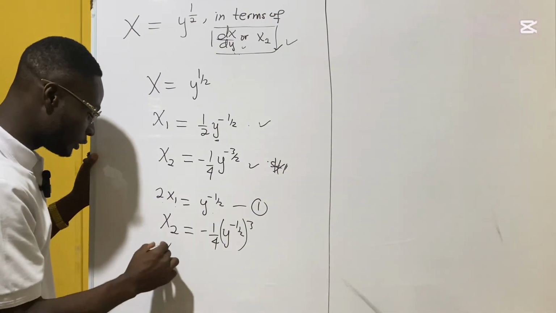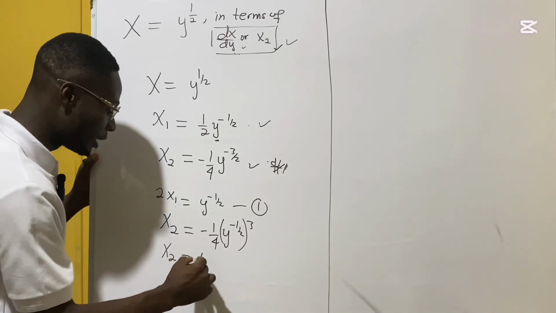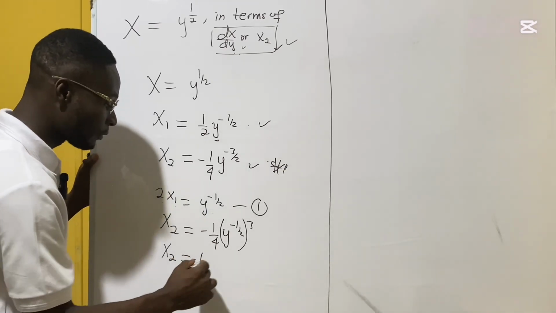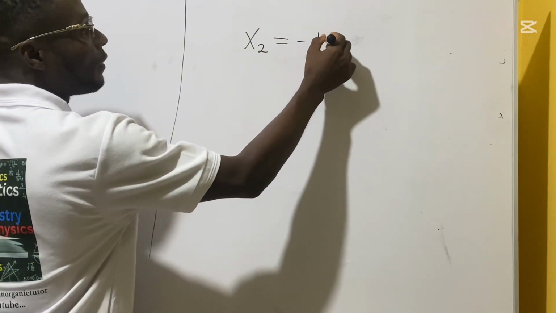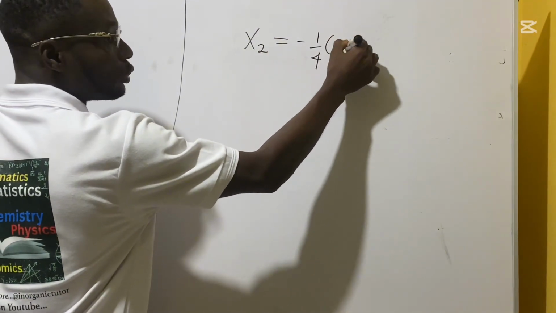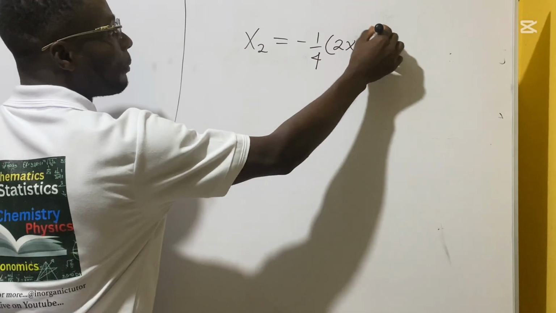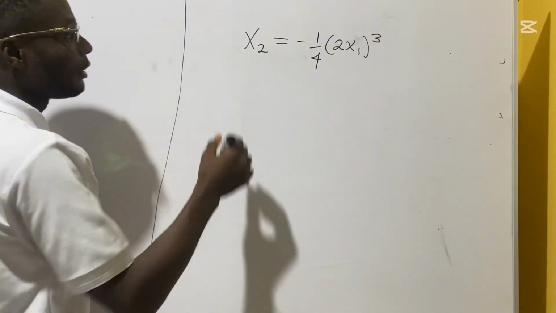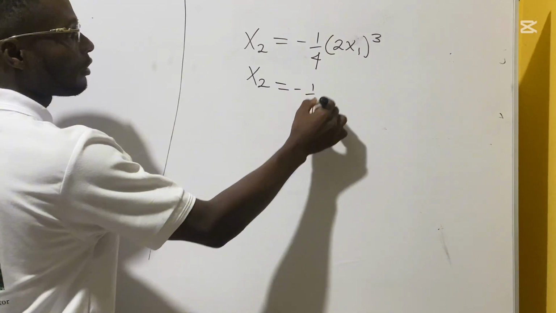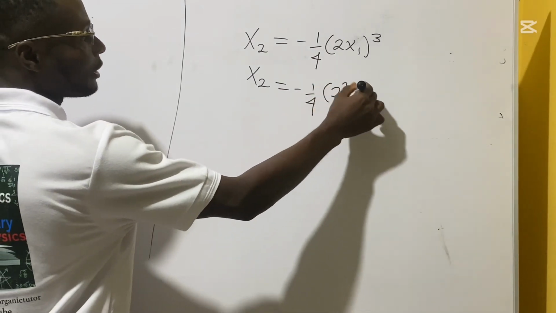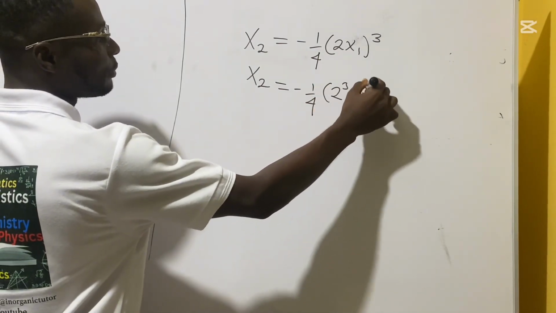So we have x2 equals negative 1 on 4 into 2x1 power 3. Right, so we have x2 equals negative 1 on 4, 2 power 3 x1 cube.